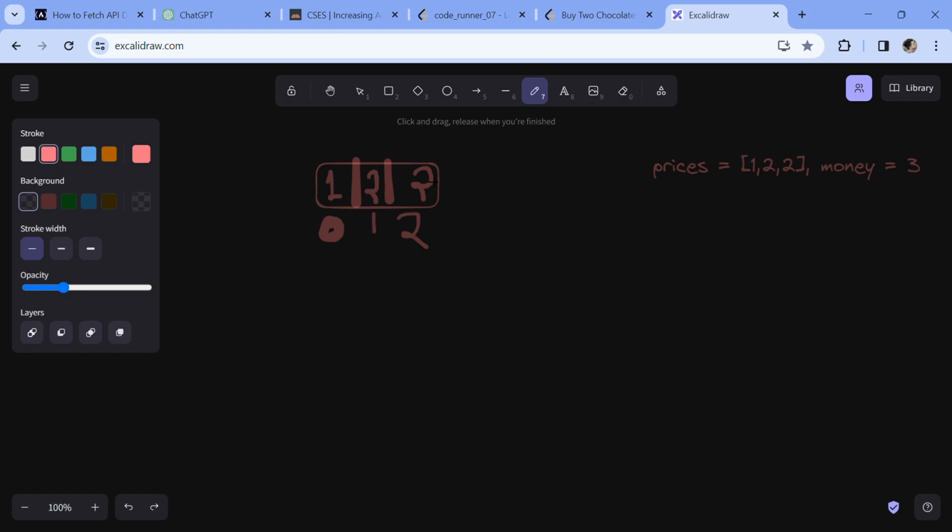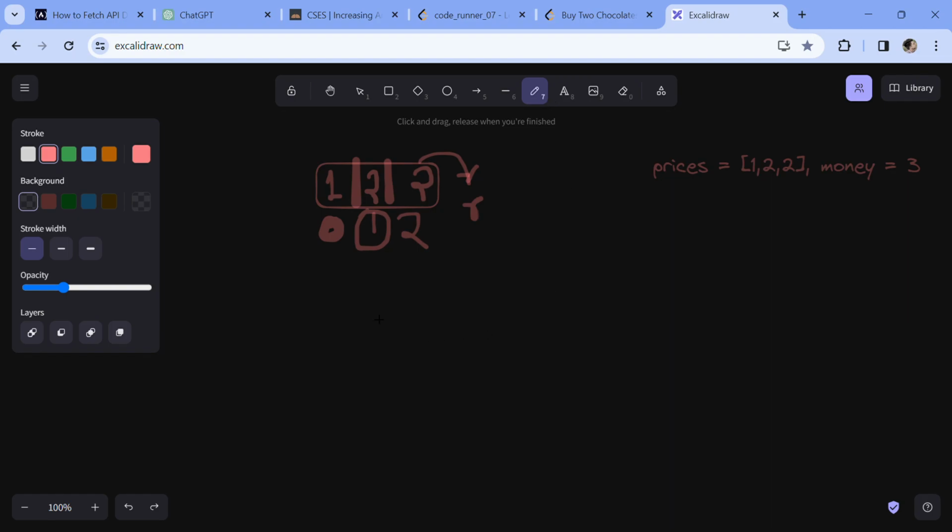These are the elements at each index, representing the number of chocolates. So at the zeroth index the value will be 1, at the first index we have 2, and so on.